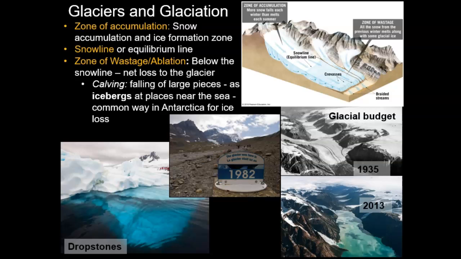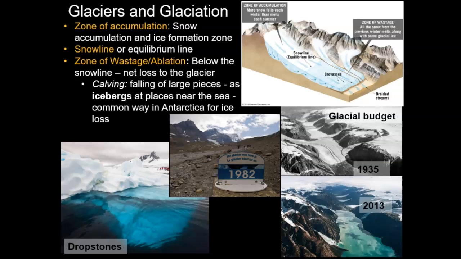In addition to the melting, it also encompasses calving. Calving happens when large pieces of ice break off the front of the glacier, that terminal part over here. Calving usually happens when glaciers are attached to the sea, or become ice shelves or outlet glaciers.